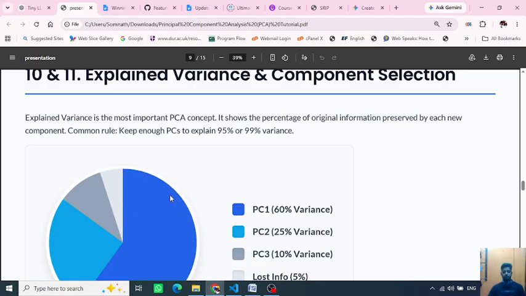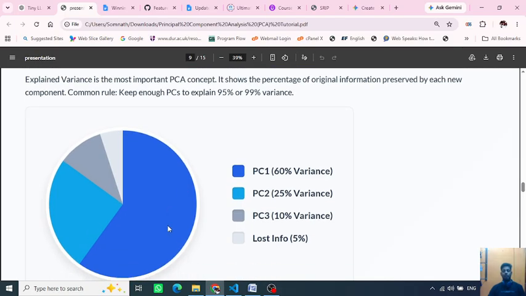You can see graphically how PCA works. PC1 explains 60% of the variance, PC2 25%, PC3 10%, and the remaining 5%. Basically we lose information when we discard some features, and the loss of information is around 5%.